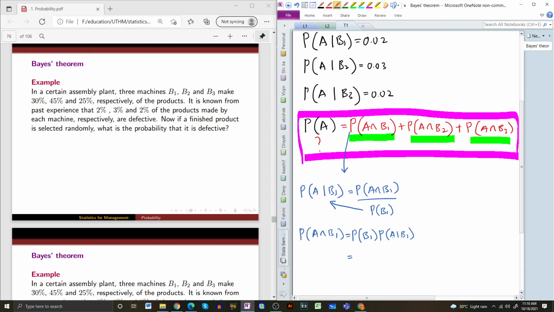So if I want to find the joint probability between A and B1, I need to multiply probability of B1 with the probability of A given B1.